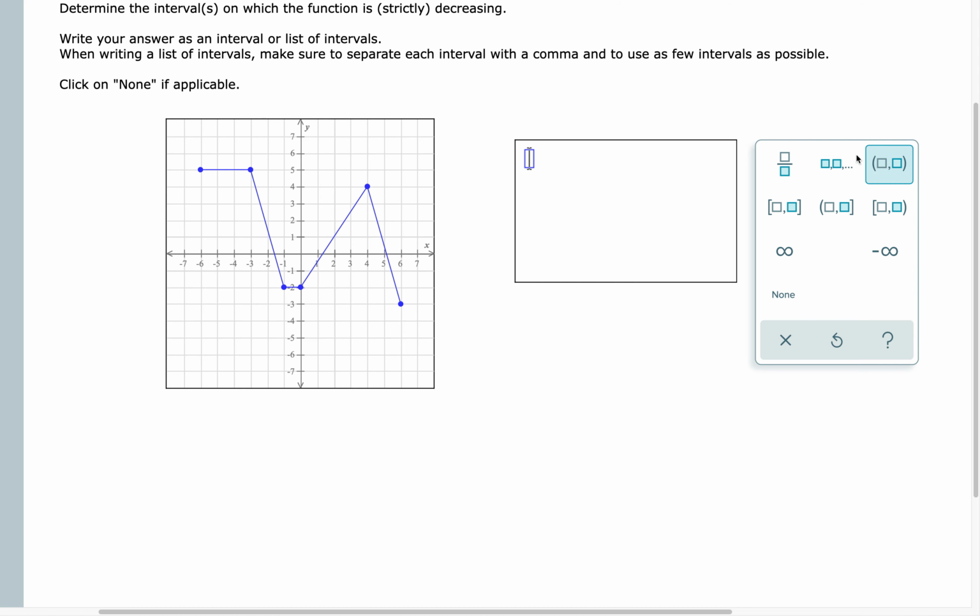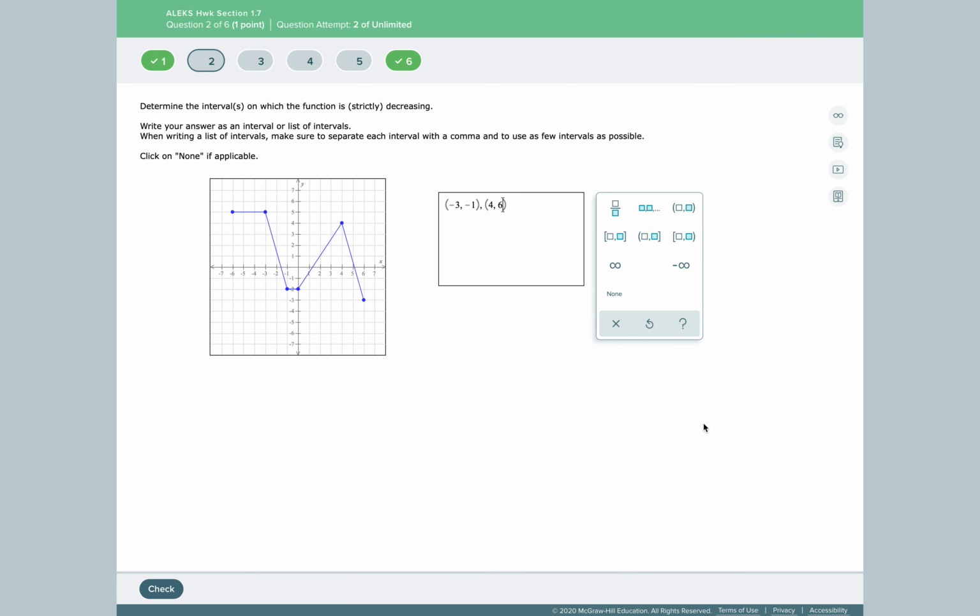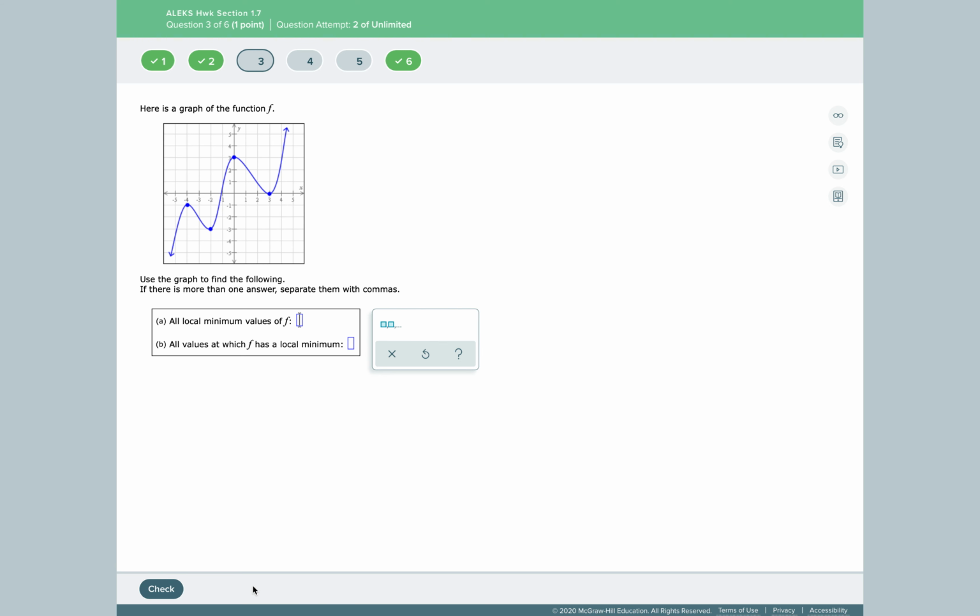For decreasing we use parentheses as grouping symbols, so you have negative 3 to negative 1. Then we put a comma here, and for the next decrease we go past 4, approaching 6. Checking the result, the answer is correct.